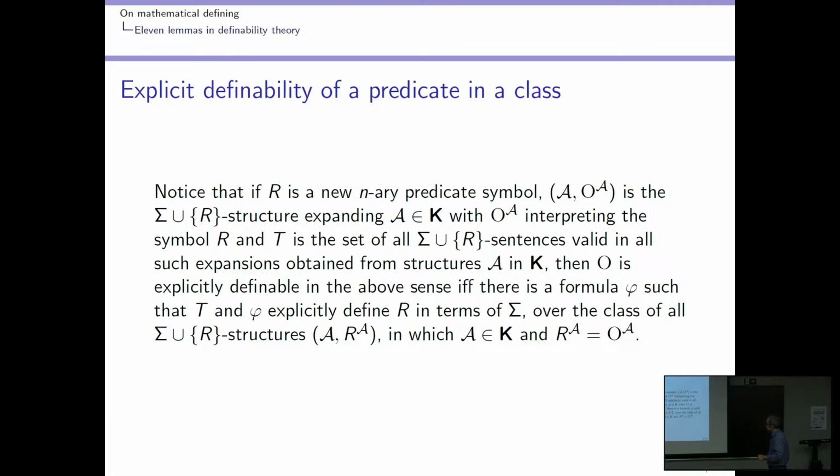this is the expansion of A. This pair is expanding the structure A with this new predicate interpreting R. And if T is the set of all sentences in this expanded language valid in all expansions obtained from structures A in K, then O is explicitly definable in the above sense if and only if there is a formula phi such that T and phi explicitly define R in terms of sigma over the class of all structures.